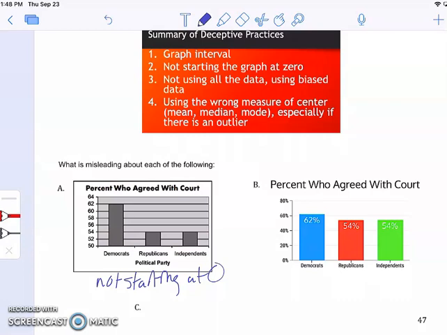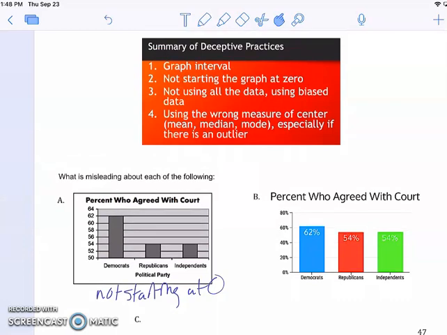How about this next one? The percents who agree with the court. So again, it's not necessarily wrong, but the graph interval could be changed because this looks like 54 and 62 are super close.